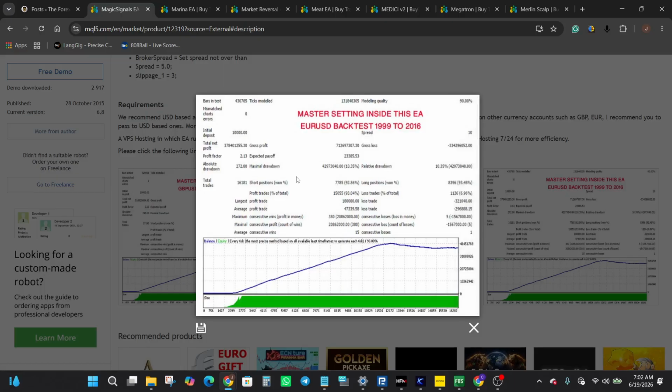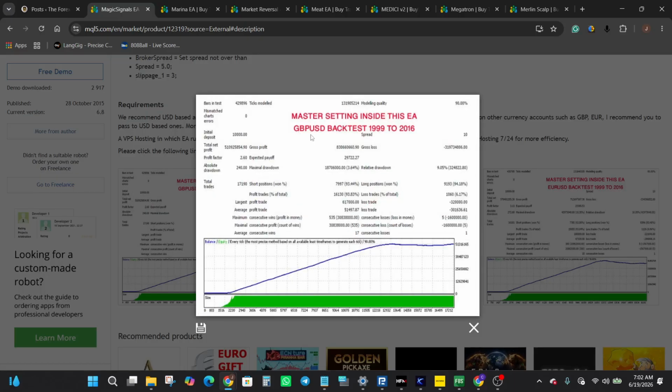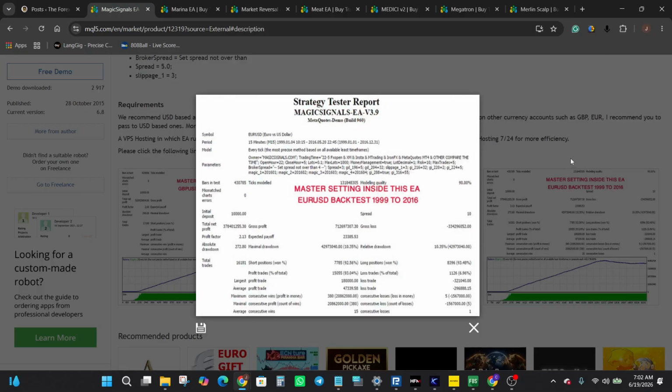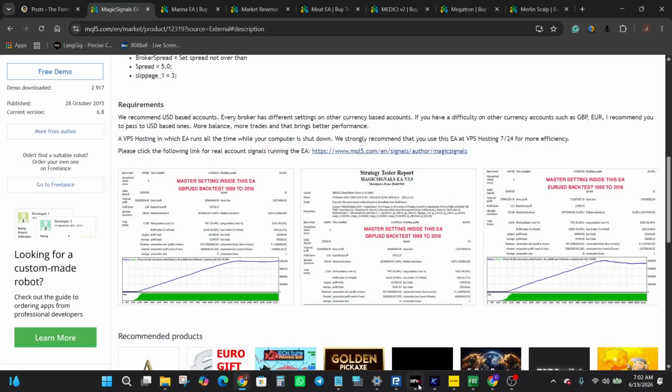So this is for Euro USD. This one was for GBP USD. Okay, so Euro USD is yielding over $378 million in net profit with a 93.04% win rate. Now let's just head over to our strategy tester.